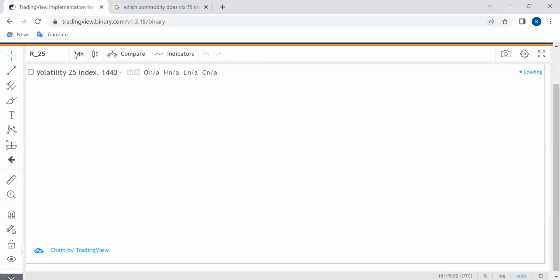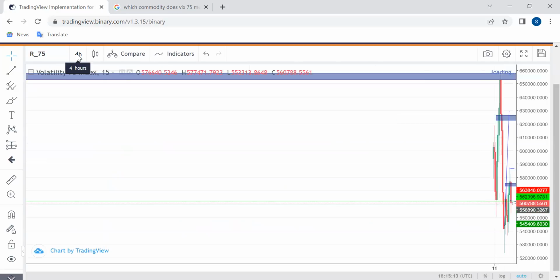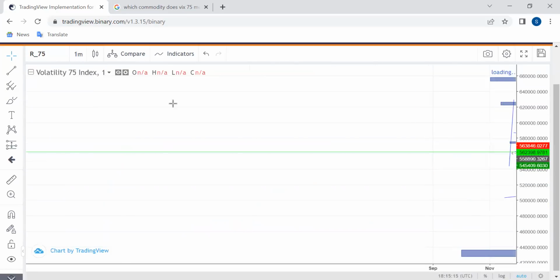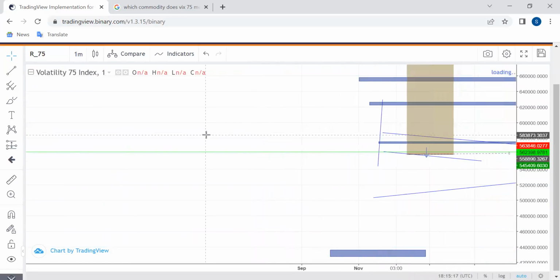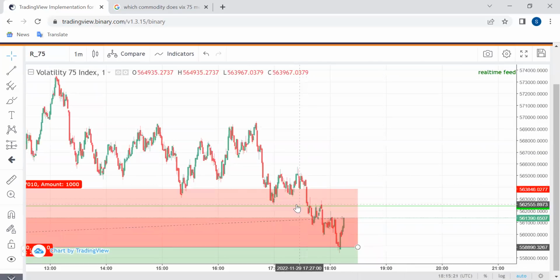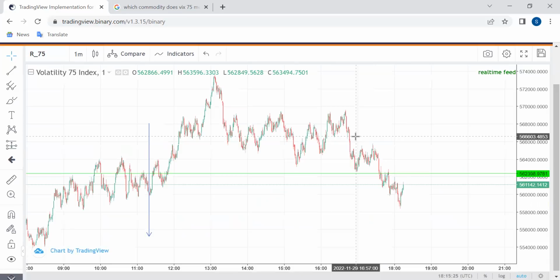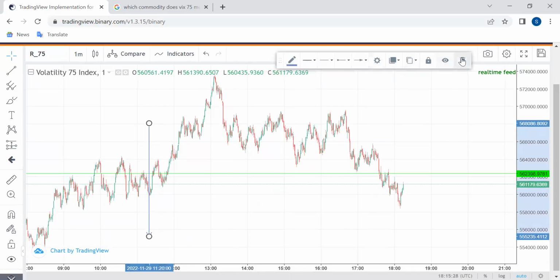When it comes back, I will choose the 1 minute time frame. There it is, still loading. When it comes back online, I input the 1 minute time frame. Yeah, there. Now let me delete this. Zoom out a little bit for you guys to see.